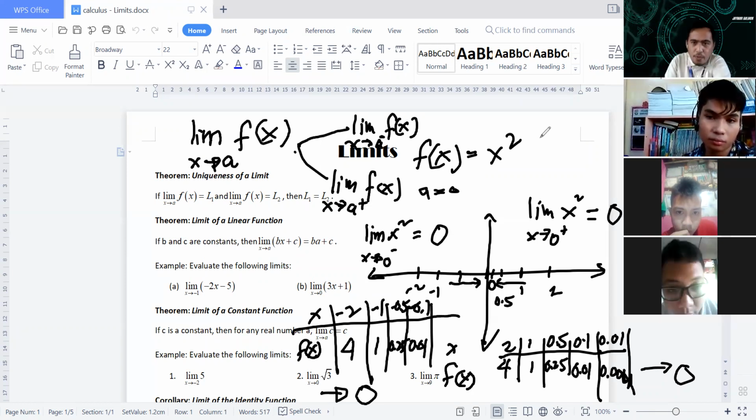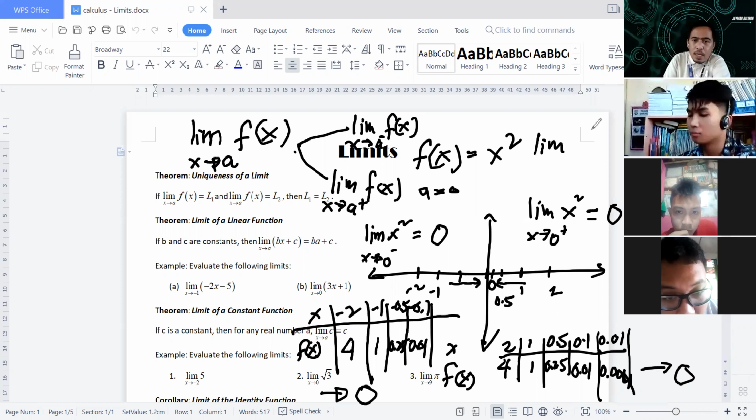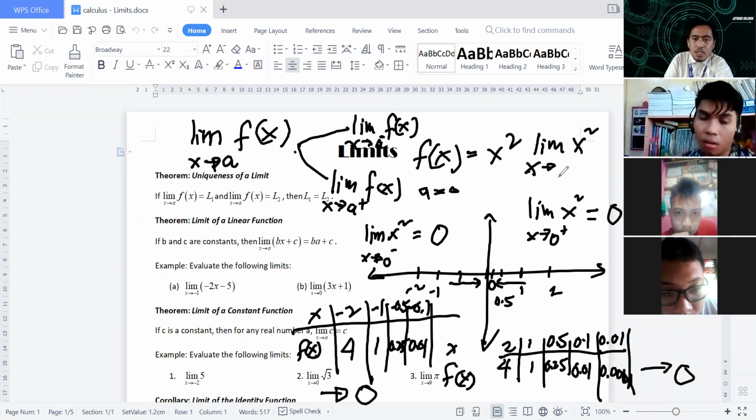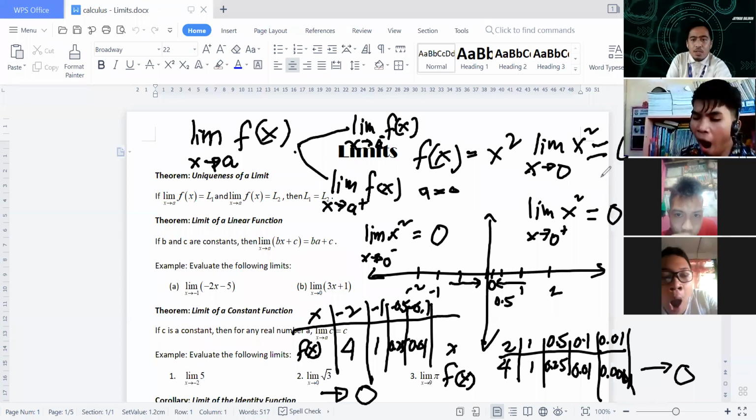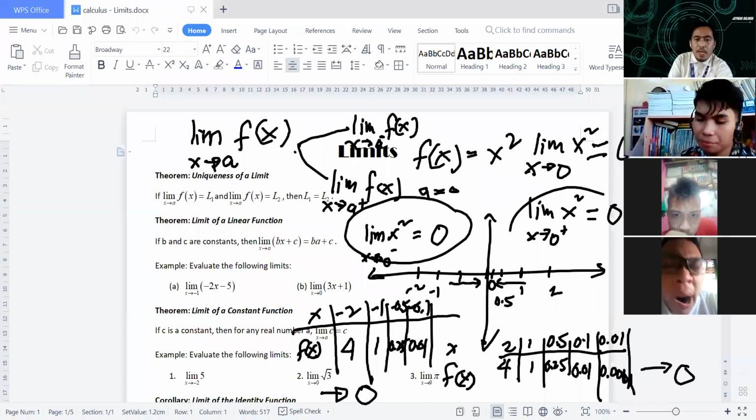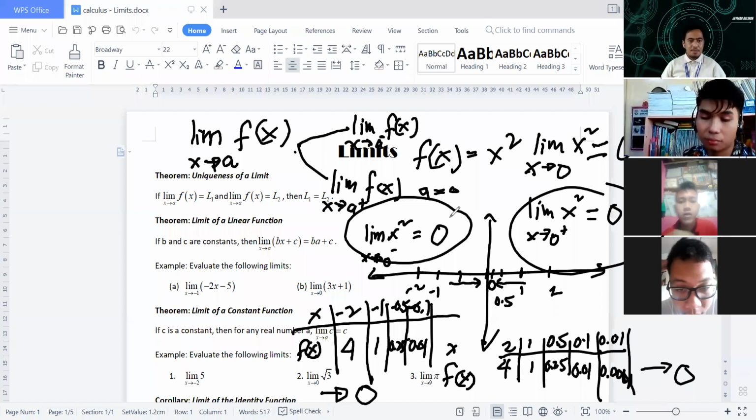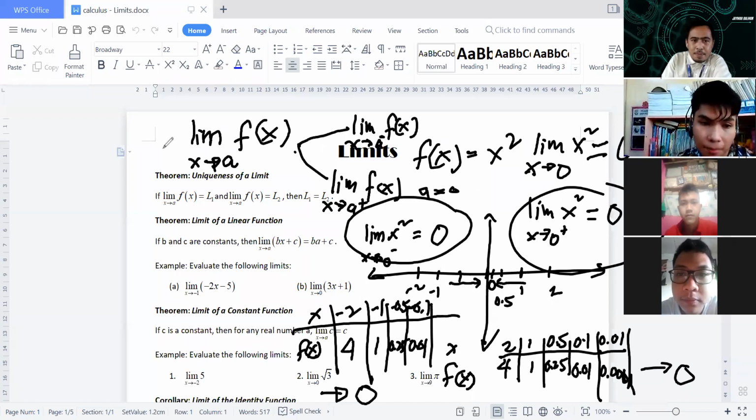So therefore, we can conclude here that the limit of x squared as x approaches 0, no more right-hand side or left-hand side, since there are two, is equal to 0 since these two have the same value. Clear? Understood? Any questions?